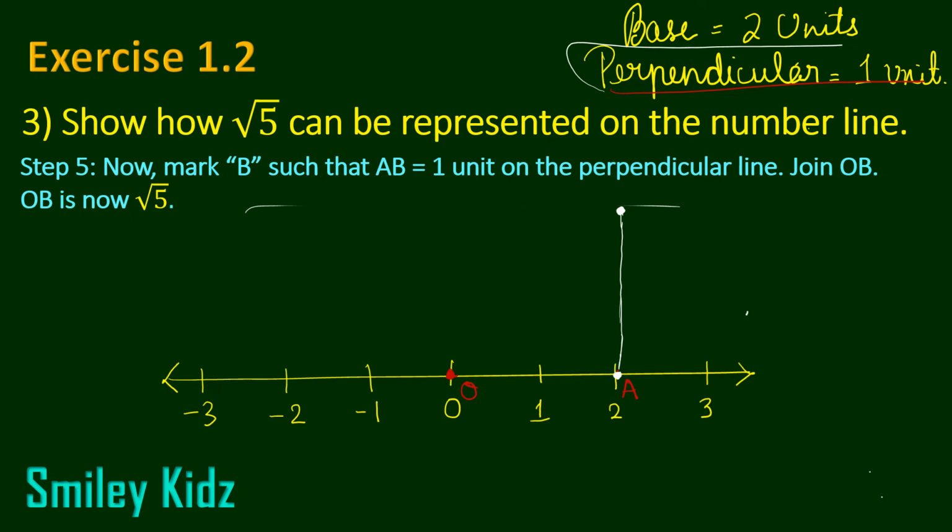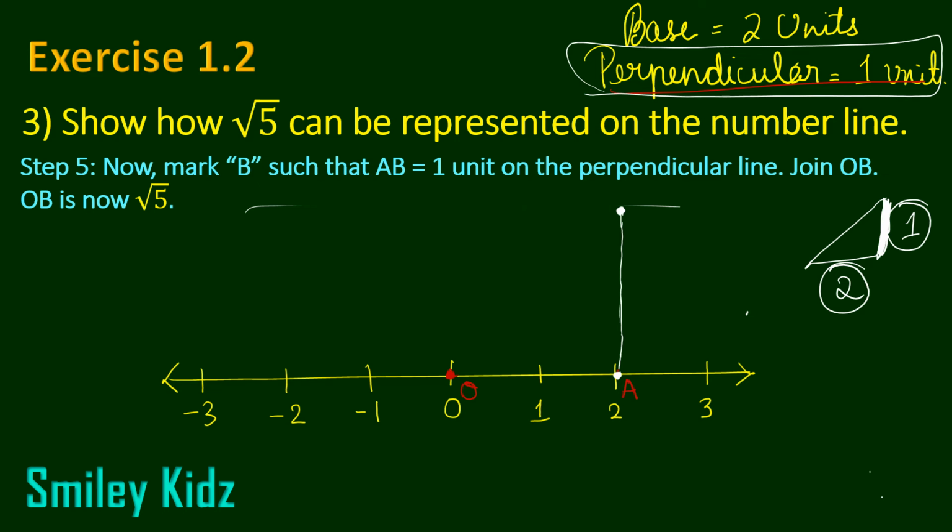Now take perpendicular into consideration. How much is it? It is 1 unit. And perpendicular is this part of the triangle. We have the triangle like this. This is the perpendicular, this is 1 unit. And this was 2 units. And this should be equal to root 5. That is 2 square plus 1 square. Isn't it?